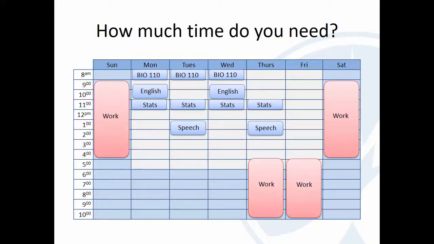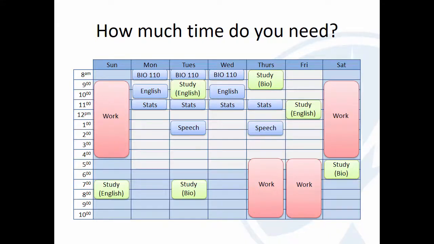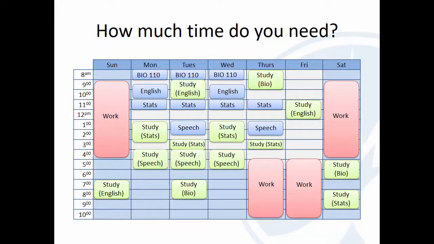So biology looks like it's 3 credits there, so we'd expect 6 hours of studying for that. English is 3 credits, so 6 hours for that. Stats is 4, so 8 for that. Speech is 3, and then we're full. We got a nice lunch break in there most days, dinner, but this is packed, right? That's just the way it is.